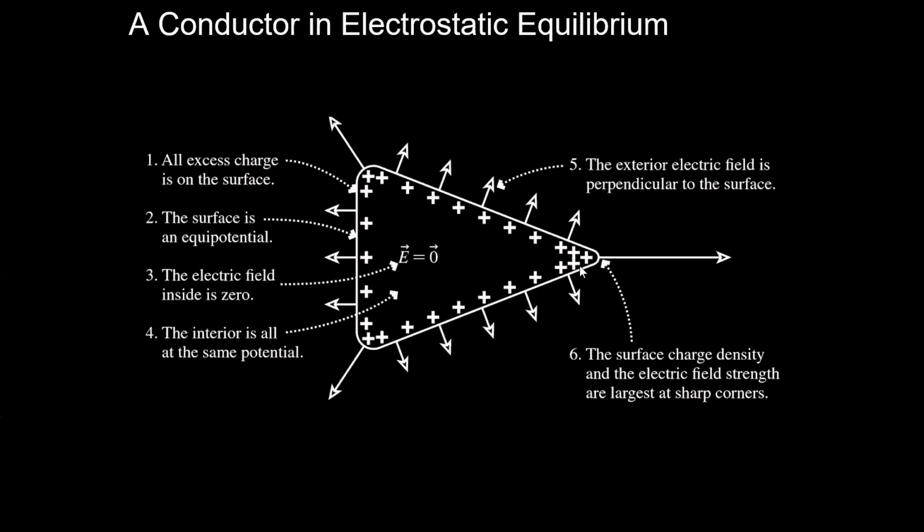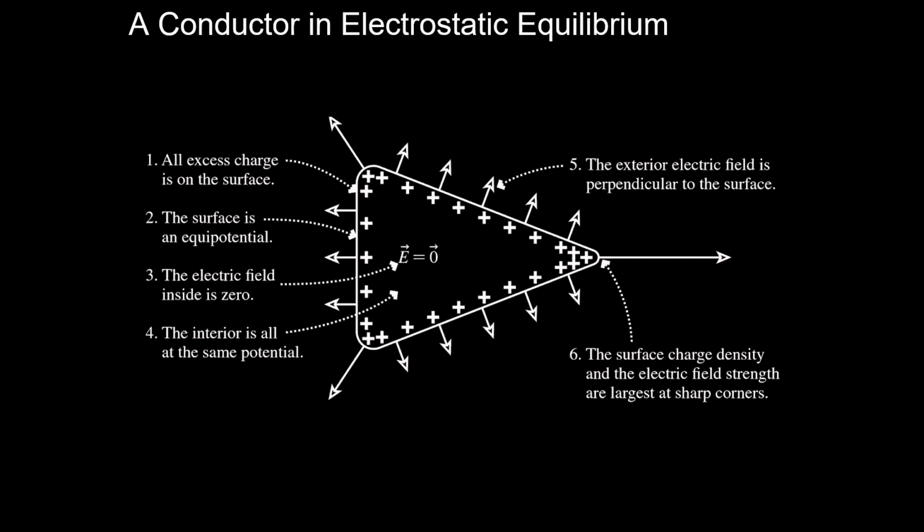On the left-hand side, you have 2 moderately curved corners, and on the right-hand side, you have a very sharp point. And it turns out that although the value of electric potential is the same everywhere on this graph, the surface charge density is not, and therefore the electric field is not. This is kind of strange, because you might expect that the field is constant if the potential is constant. That's not true.